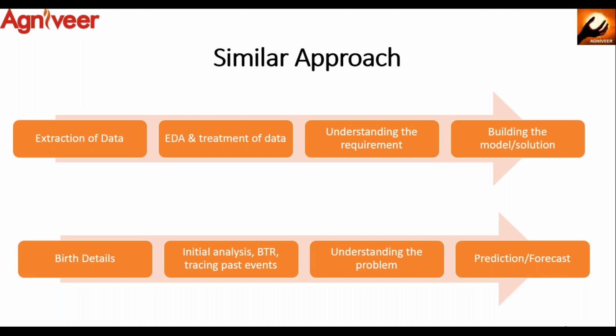Suppose I have predicted that something should have happened in the past and there is a mismatch in the timing. What I can do is rectify the birth time and see that most of the events that have happened in the native's life concord with the timing that an astrologer is providing.